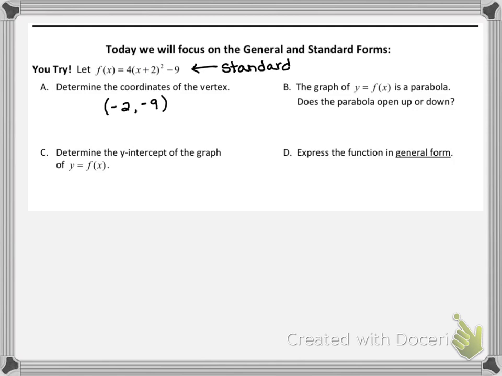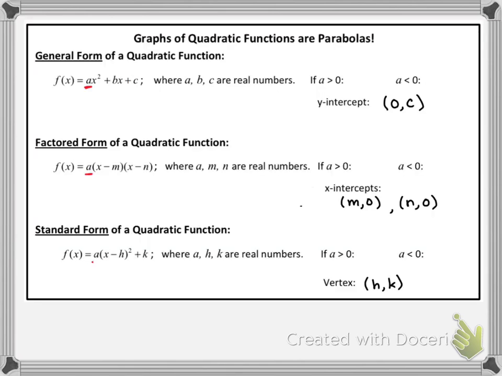Notice that standard form of a quadratic correlates to what we just did with 5.1, with all those transformations. If you look at standard form of a quadratic, this is just the x squared function shifted right h units, up k units, and then stretched by a factor of a.